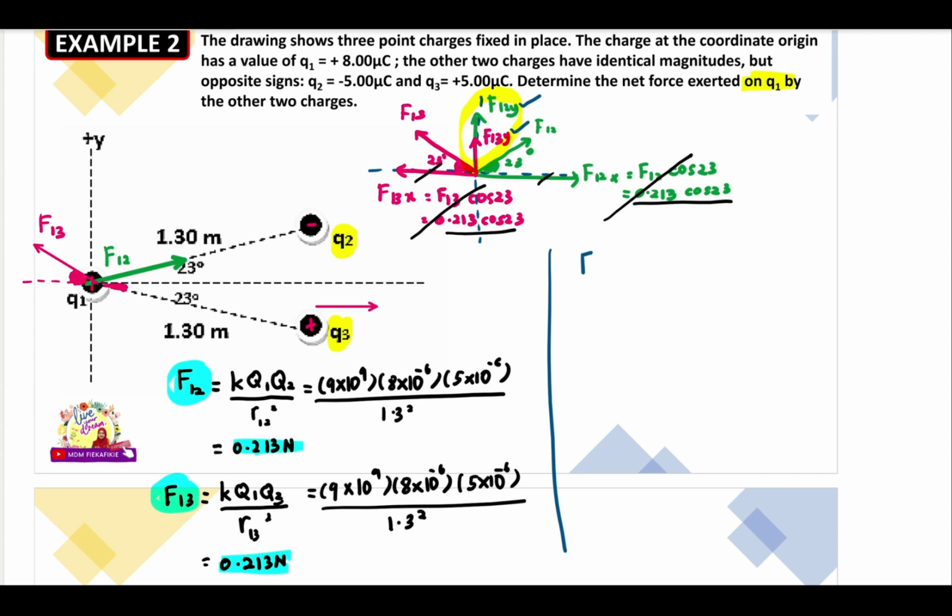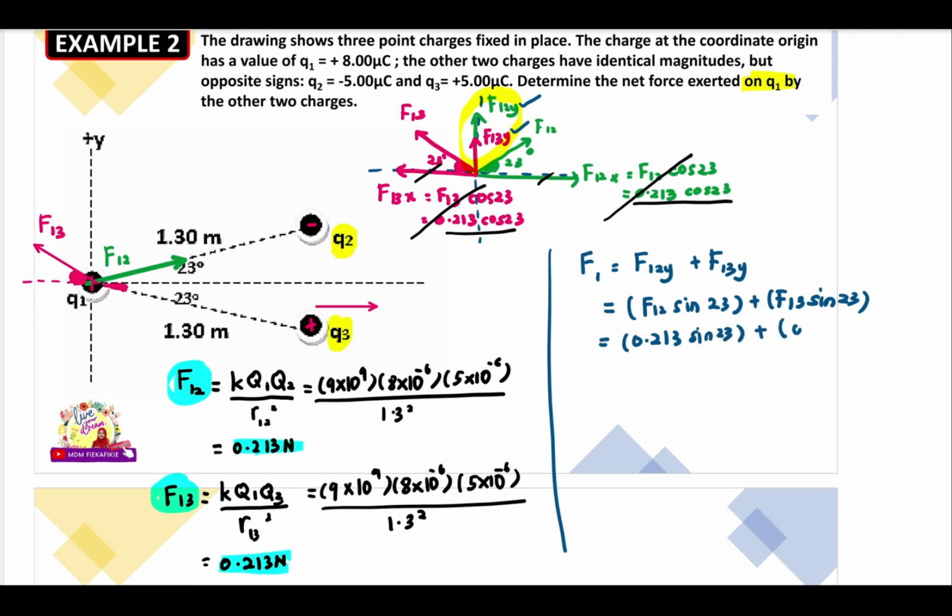Okay, the net force on charge 1, bukan charge 3, charge 1 is equal to F12Y, sebab X tadi kita dah cancel, F13Y. So we substitute. So F12 sin 23 plus F13 sin 23. Okay. So F12 0.213 sin 23 plus F13 pun sama 0.213 sin 23.